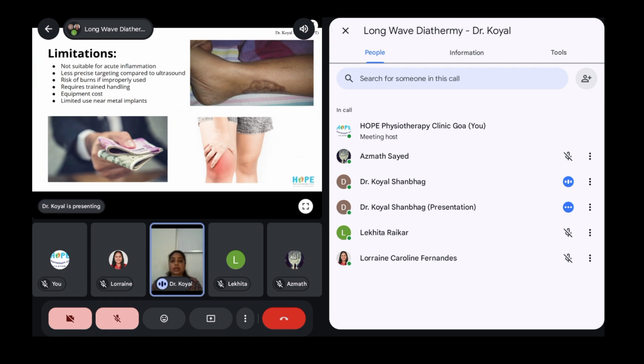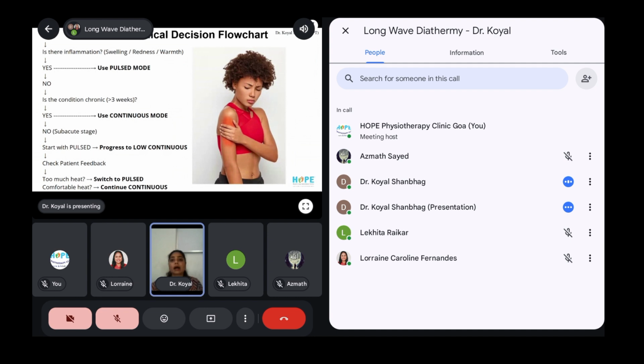It is less precise in targeting compared to ultrasound, and the risk of burns is there because it gives out heat, and it requires trained handling. Equipment cost is also higher as compared to other machines, and it cannot be used near metal implants.